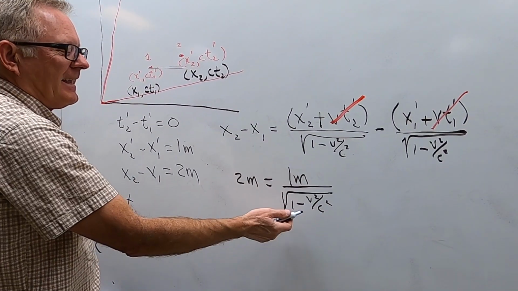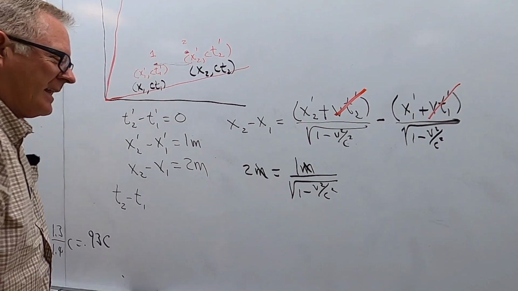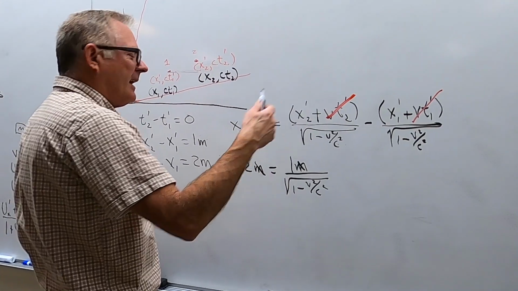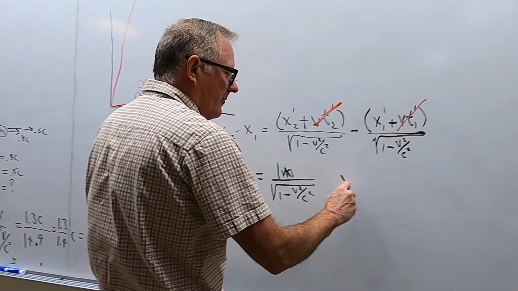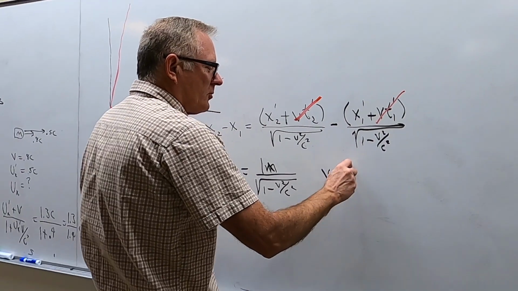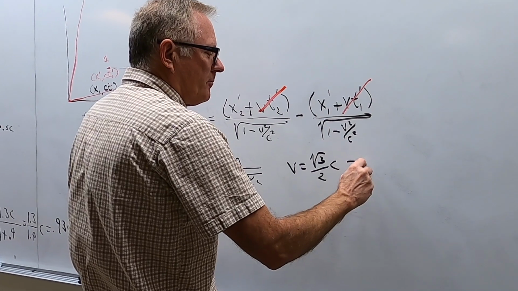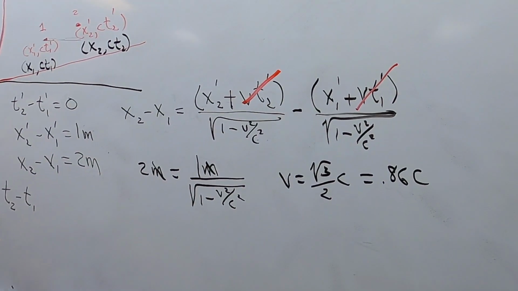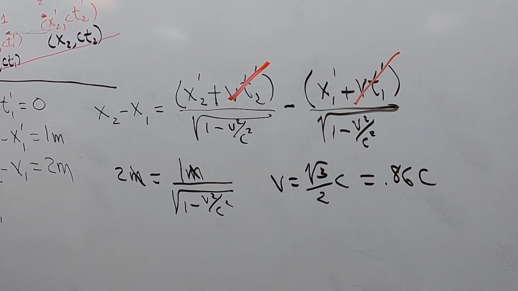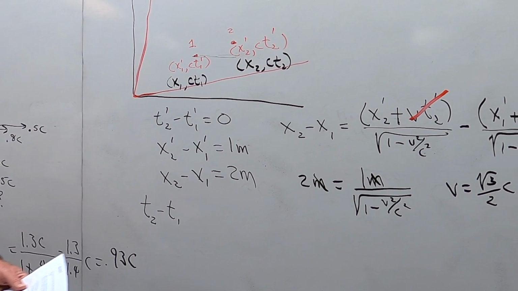Remember, my gamma is just 2 right here. We already know what that is. I could square both sides and flip everything, but we already knew it's 86% the speed of light. So v, which was the square root of 3 over 2 c, is 0.86c. Again, that's when gamma gave me the factor of 2. We could have probably seen that here because we see the factor of 2 in the length right there.